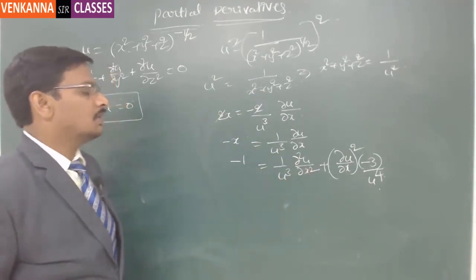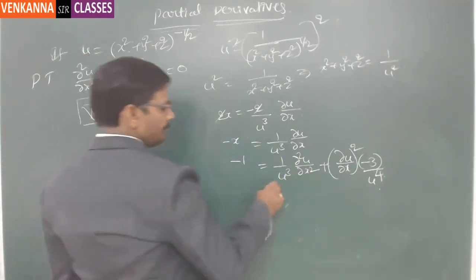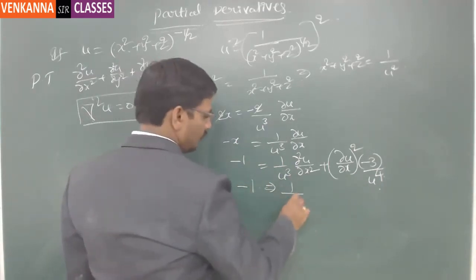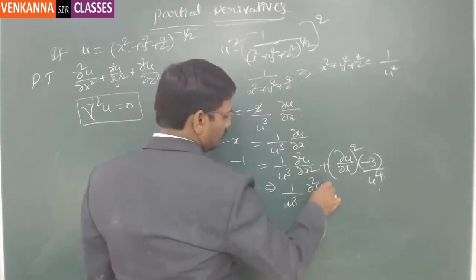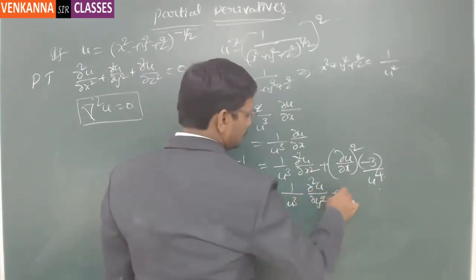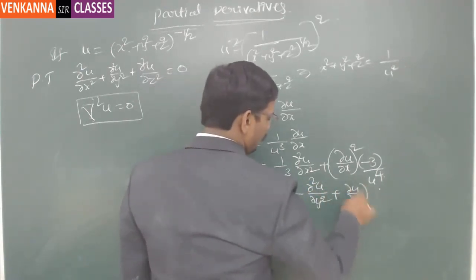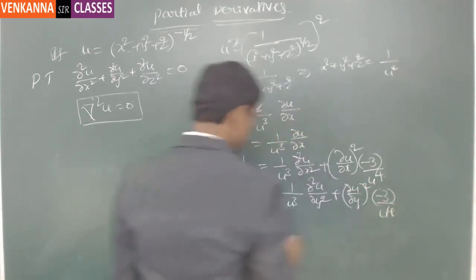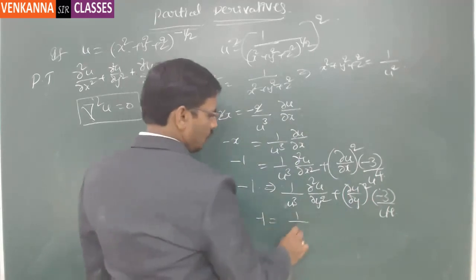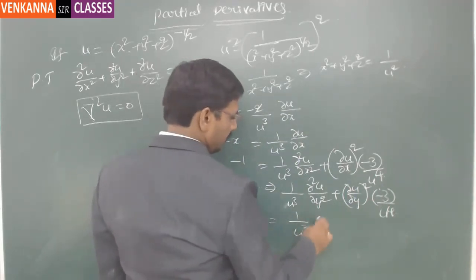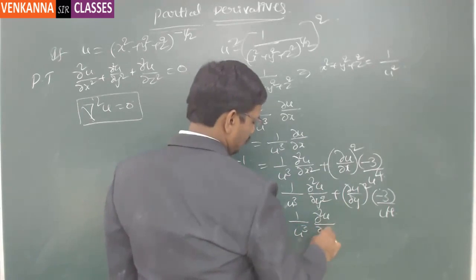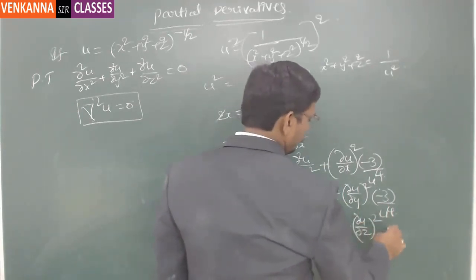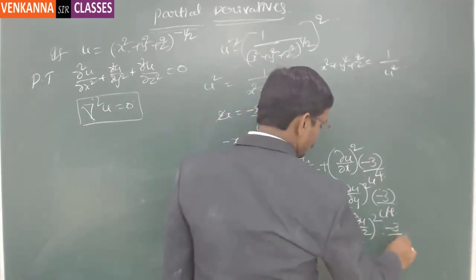This is the process we can follow. Now exactly in the similar manner, minus 1 is 1 by u cube into dou square u by dou y square plus dou u by dou y whole square into minus 3 by u power 4. Similarly, minus 1 is equal to 1 by u cube dou square u by dou z square plus dou u by dou z whole square into minus 3 by u power 4.